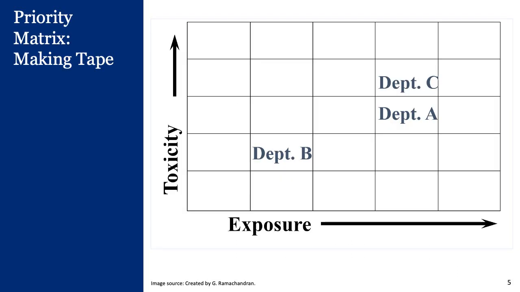And we can use this idea in a more practical way in a particular organization where we can look at the chemicals as well as the exposure profiles in different departments in a company. And say, for example, that the workers in Department C have a higher health risk because they are more towards the top right-hand corner than workers in Department B who are more towards the lower left-hand side of this exposure toxicity continuum.